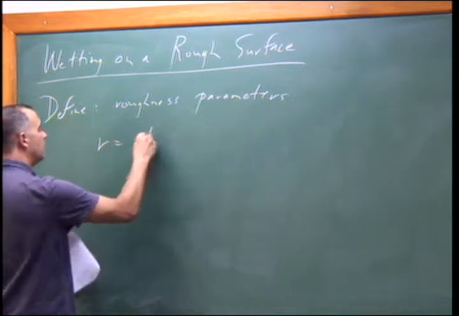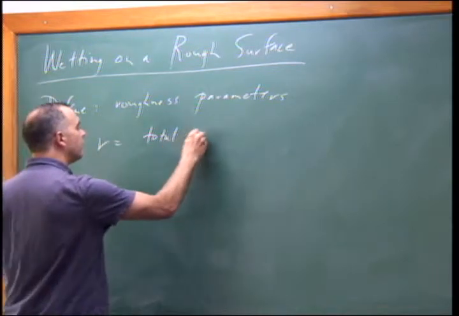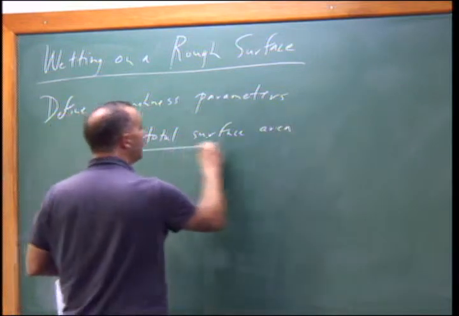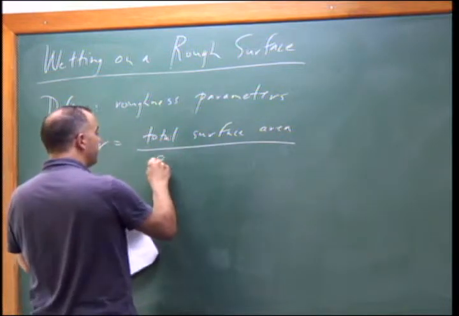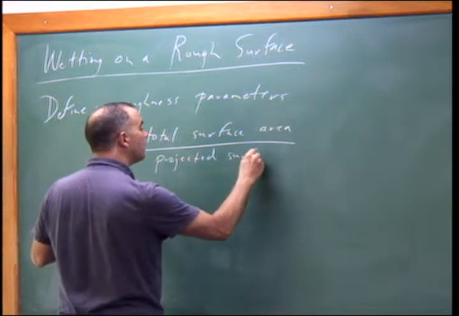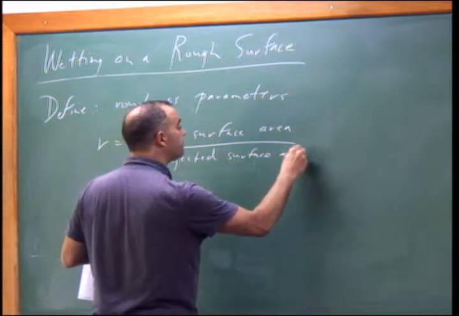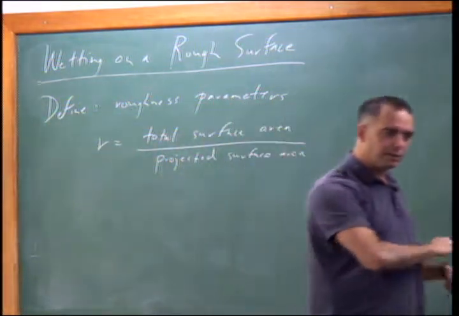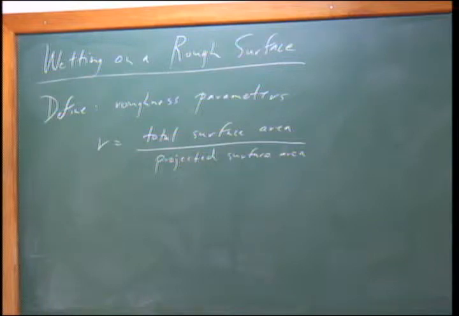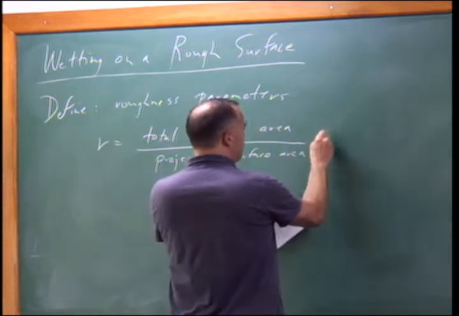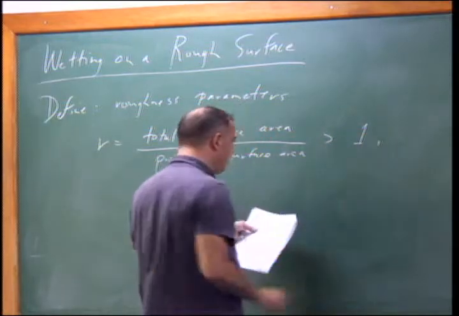So R is the total surface area over the projected surface area of this roughened surface. So basically take the surface of the islands plus the surface of the substrate to get R and compare it to the planar area. So this is necessarily always greater than 1.